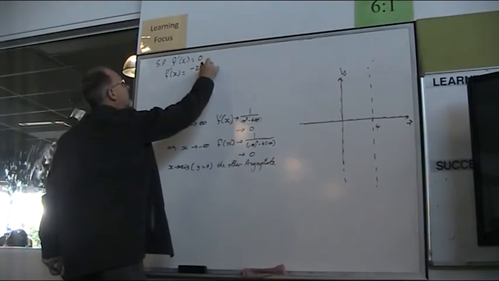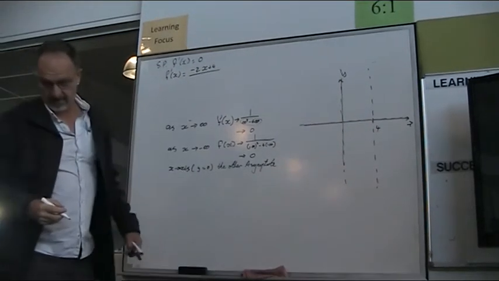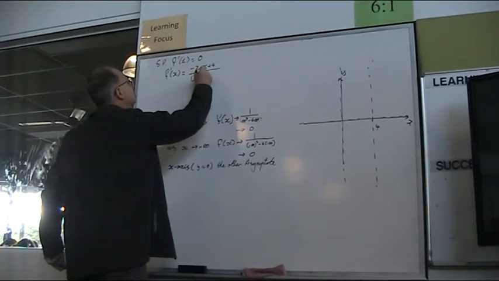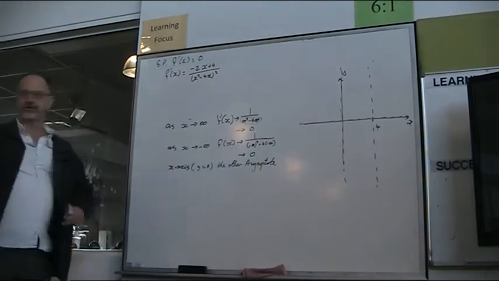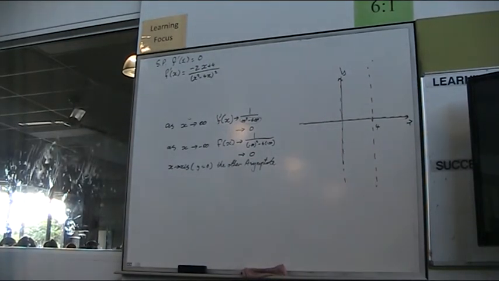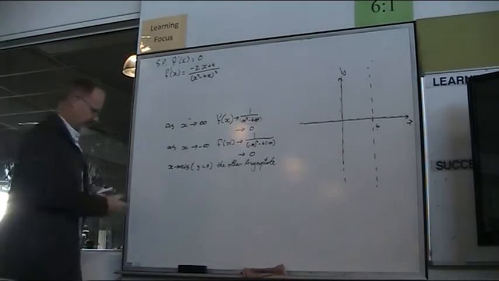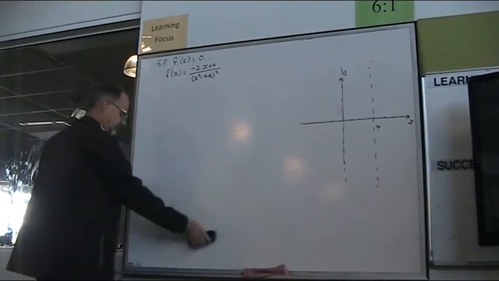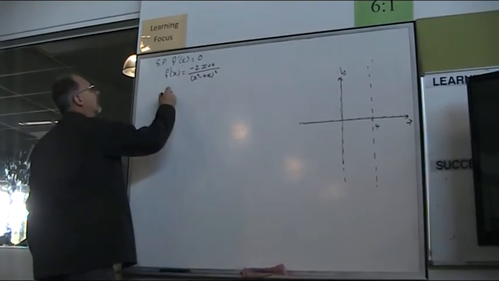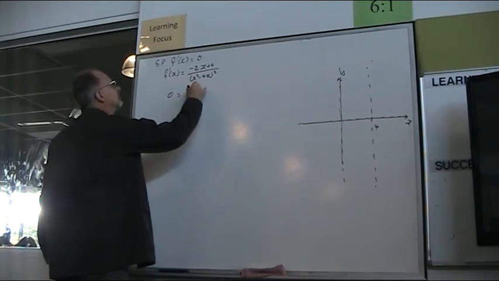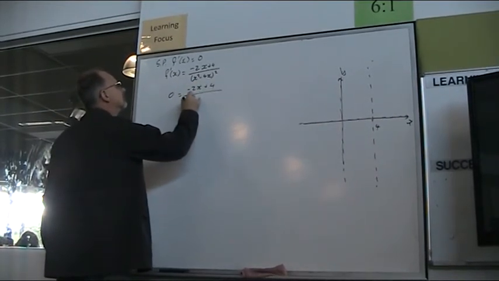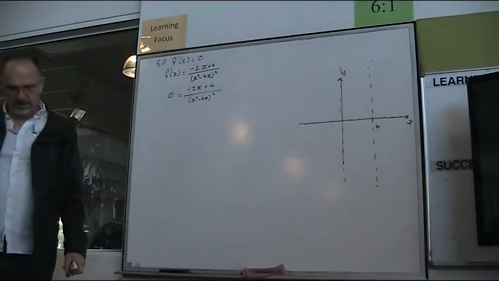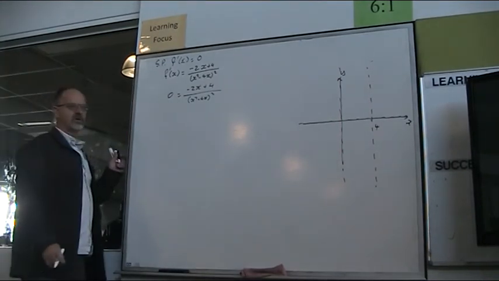If you use the quotient rule, that's what you end up with. And now we need to solve that equals 0. So if that equals 0, times both sides by x squared minus 4x all squared.